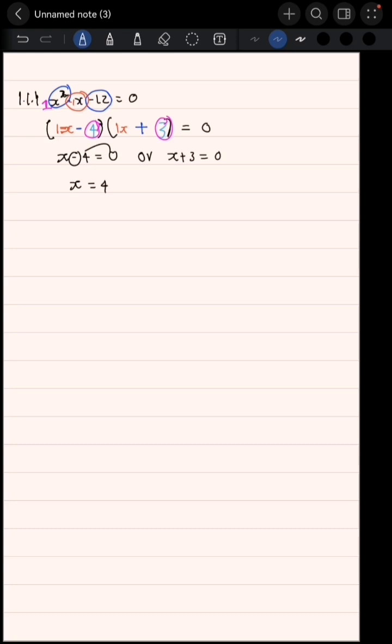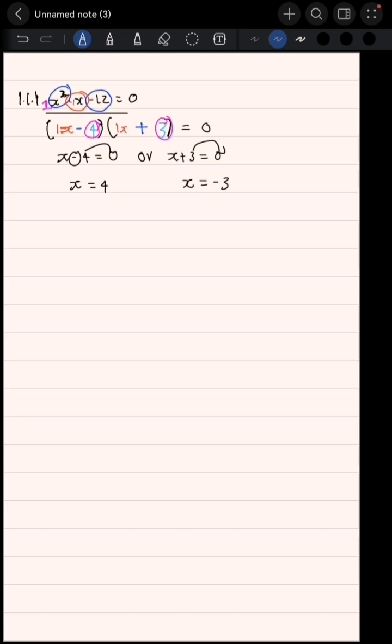We do the same with x plus 3. We have x. We transpose positive 3 to the right hand side. We take it to the side, then it becomes minus 3. And those are your x values, for which when we substitute on this expression, we are going to get 0.